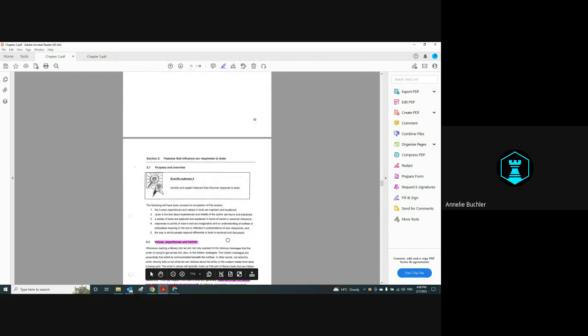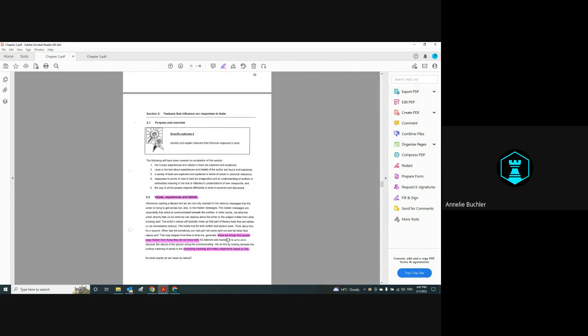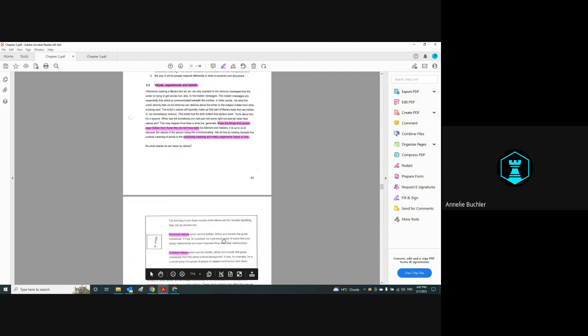Then another definition: values, experiences, and beliefs. Okay, these are things that people keep hidden from us. We do not know them well. Everybody's got values and experiences and beliefs, but we don't walk around and tell everybody. It's quite sensitive information. Personal values are beliefs, ethics, and morals that guide individuals.